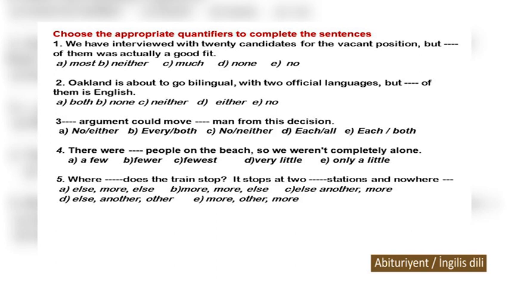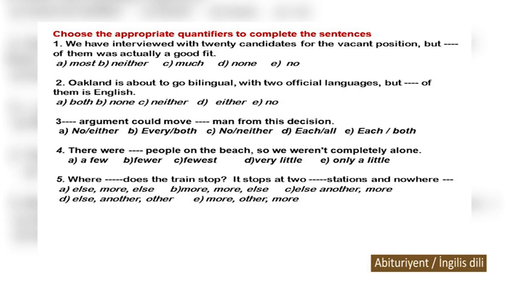Within one sentence we can't use 2 negatives, you know. Then each, all. After all, we use plural noun, so D is incorrect, and each, both, so again, after both, we use plural noun. So in that case, no argument could move either man from his decision.